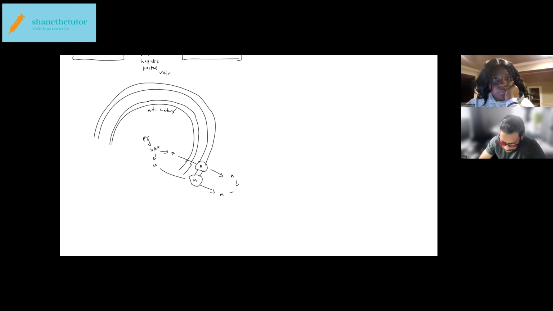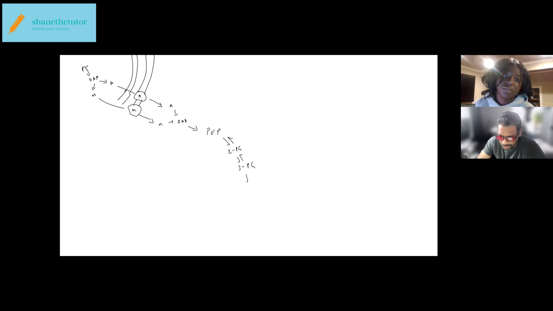But yeah, then they turn back into oxaloacetate, which turns into PEP, and the PEP can turn into 2-phosphoglycerate, which can just isomerize into 3-phosphoglycerate.